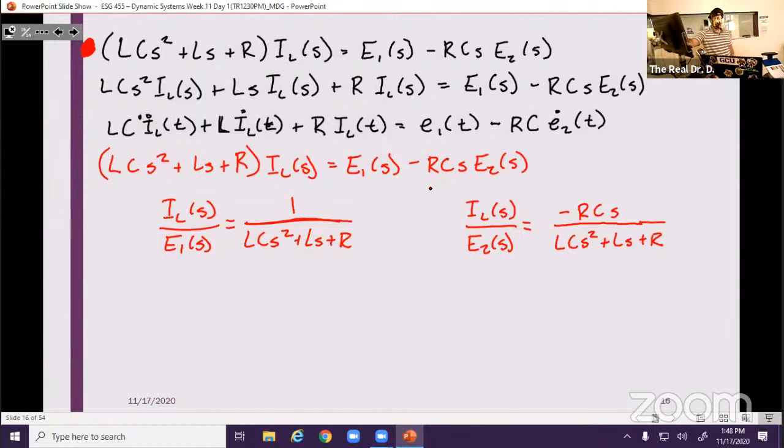We're not going to take the Laplace transform of E1 yet. We're finding the transfer function. The transfer function doesn't care what your input is. It doesn't care at all.